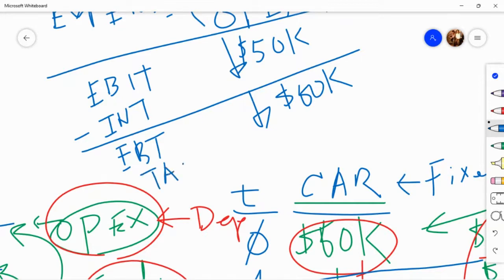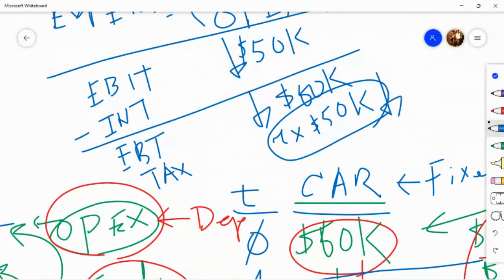And then taxes will go down, not by 50K, but by as much as tax rate times 50K, right?